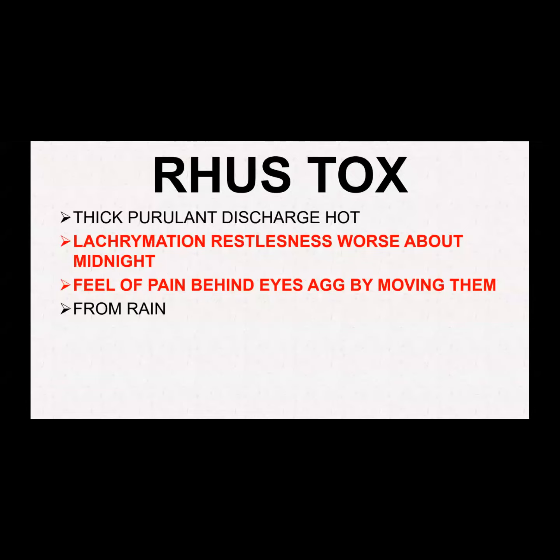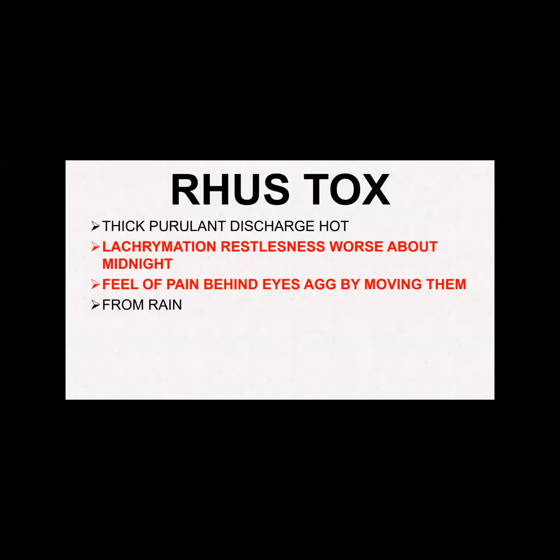There will be lacrimation, and the other symptom of Rhus tox is a restless feeling, like Arsenic. Rhus tox will have so much restlessness and aggravation at midnight. All the symptoms of Rhus tox are pronounced with restlessness and aggravation from midnight.